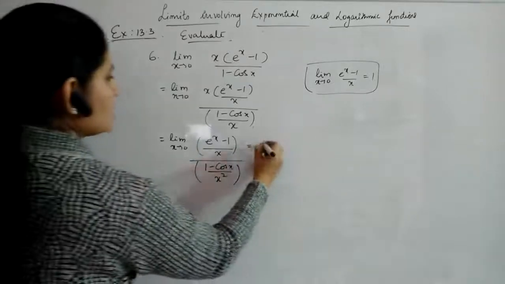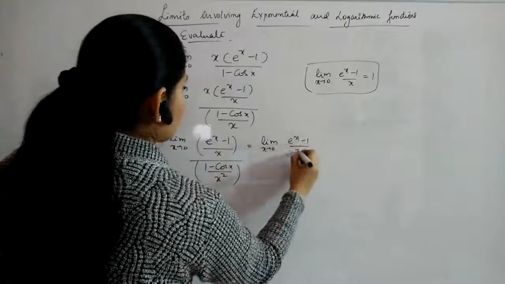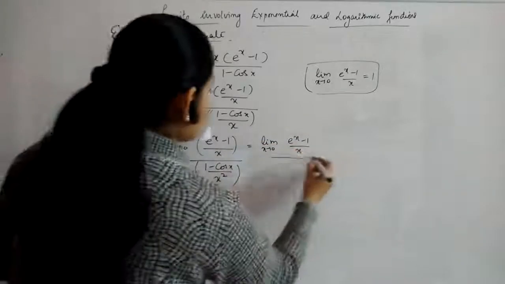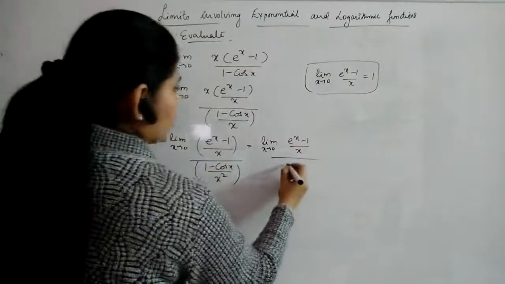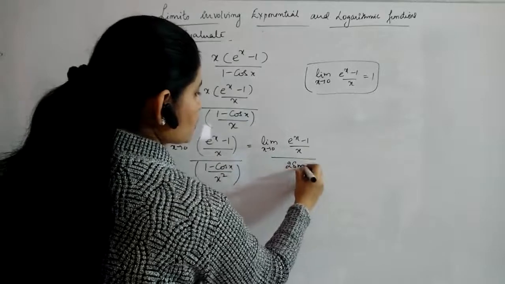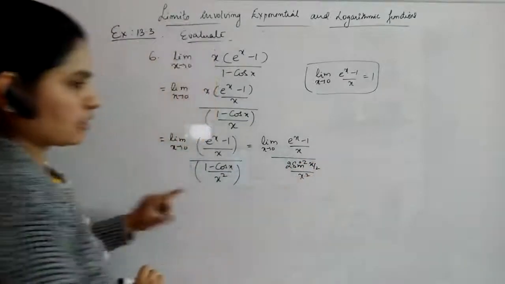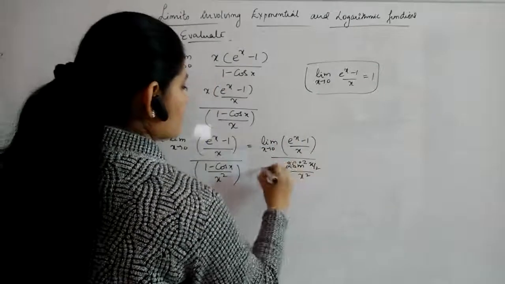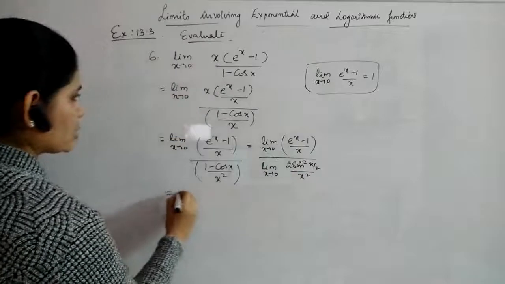For that we will just write it as limit x tends to 0, (e raised to x minus 1) by x, divided by (1 minus cos x) by x square. What is 1 minus cos x? 1 minus cos x is 2 sine square x by 2, by x square you have here, right? So that we can apply limit to both the things separately, after simplification.